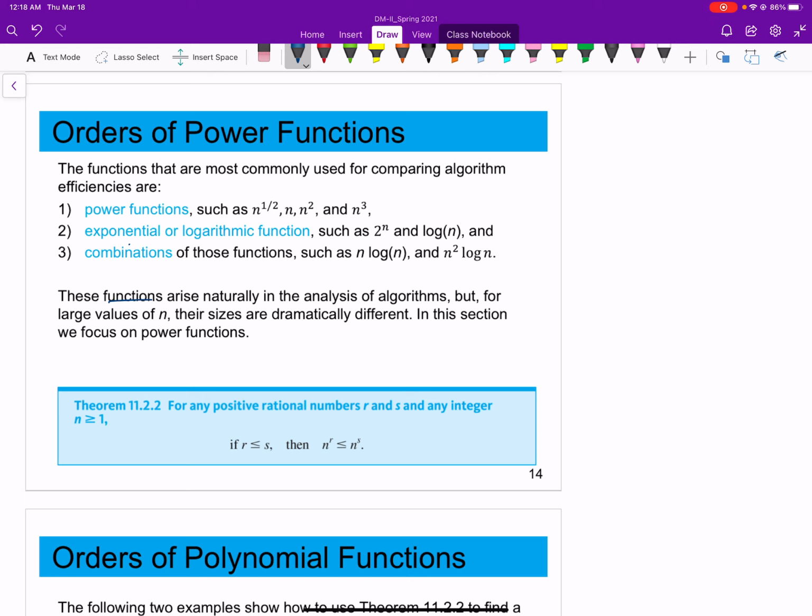These functions arise naturally in the analysis of algorithms, but for large values of n, their sizes are dramatically different. In this section, we only focus on power functions. Keep that in mind.